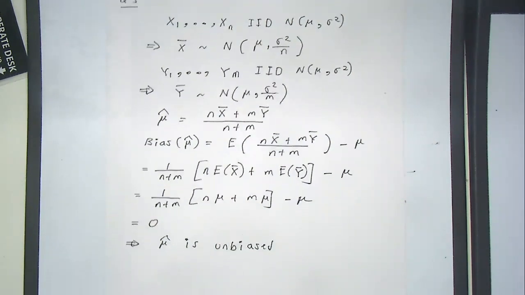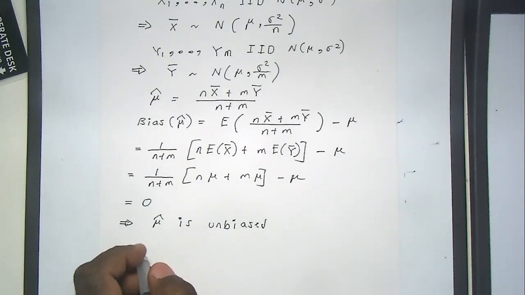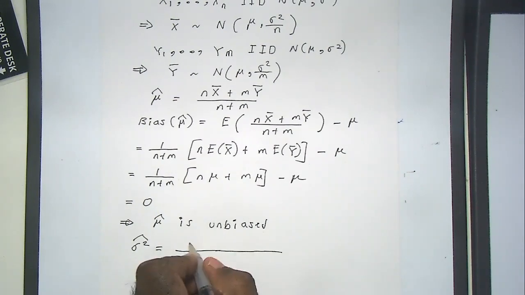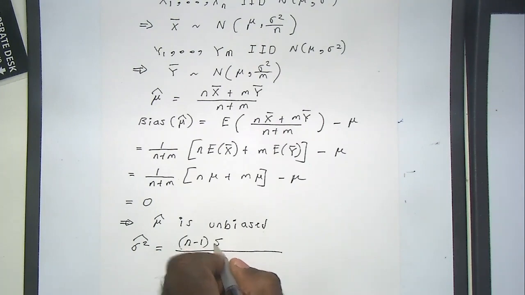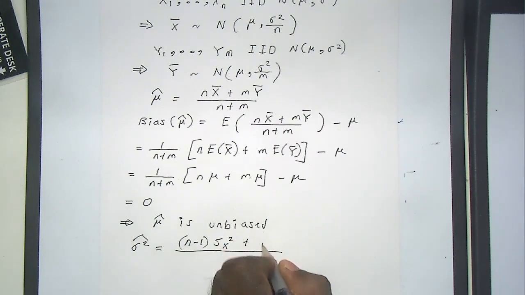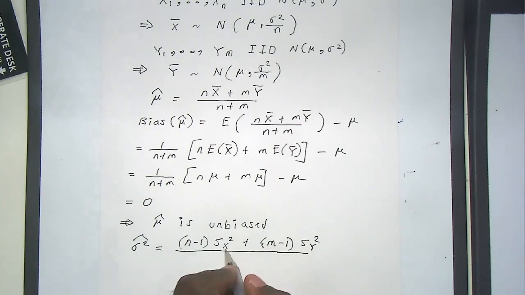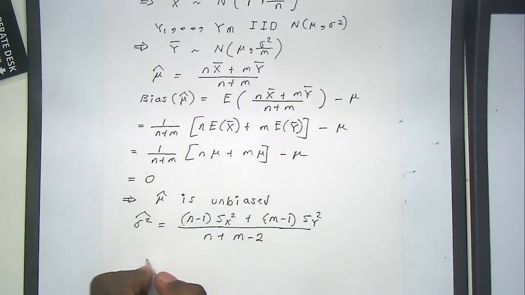Right? And the next thing is sigma hat squared, or sigma squared hat, is given as n minus 1 sx squared, is it n or m? Yeah, n minus 1, plus m minus 1 sy squared. Sx squared is the sample variance for the first sample, and sy squared is the sample variance for the second sample. Okay. Now you can write this.